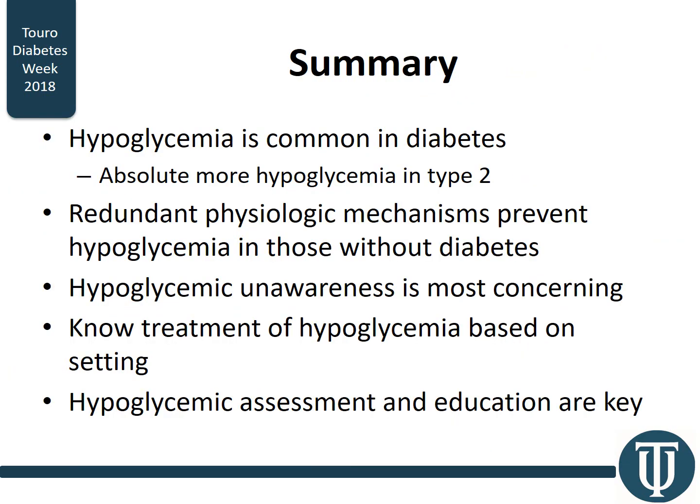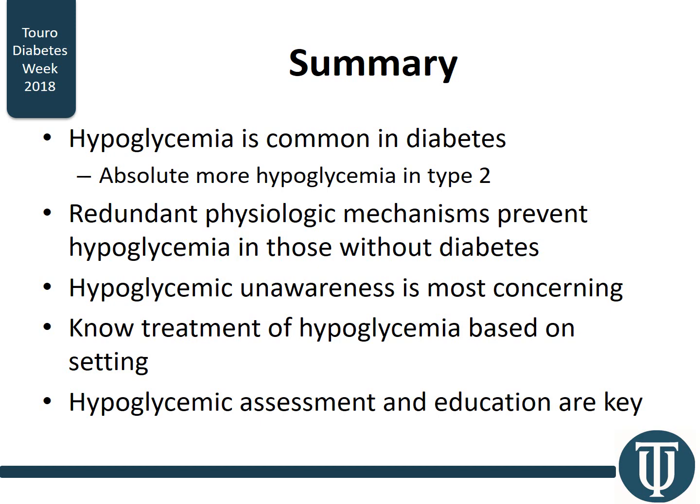So in summary, we talked about hypoglycemia and that it's very common, absolutely more common in type 2 than type 1 when you look at the summative events. We have redundant physiologic mechanisms to prevent hypoglycemia in those without diabetes. We need to know that hypoglycemic unawareness is a serious condition and can be prevented.